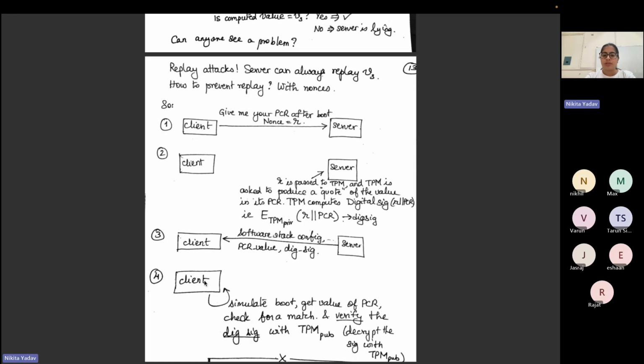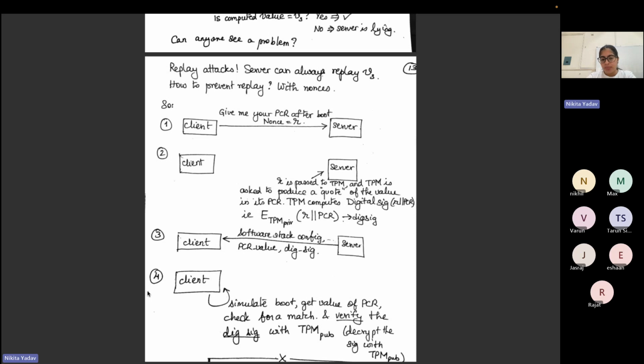Now you as a client have verified what software stack is running on the server. And now you're like, okay, let me give you my computation. So you give your computation to the server, and the server has your code and data, so it can run that code with the data you provided.